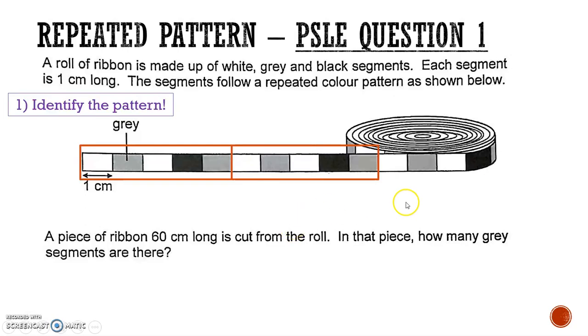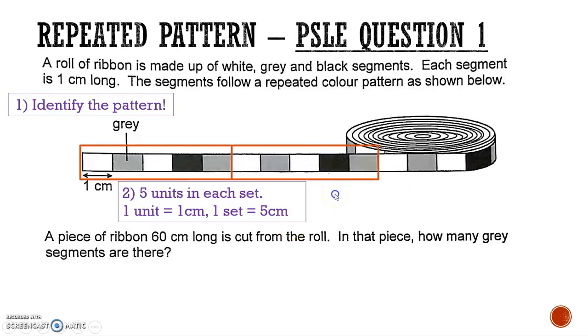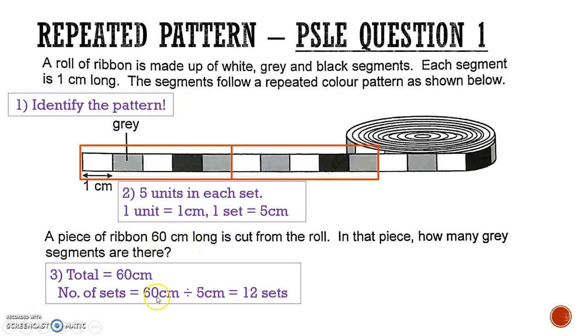Did you get the pattern correct? So in each set, there are 5 units. And since 1 unit is 1 centimeter, each set here is 5 centimeters. The ribbon is 60 centimeters long, so we do 60 centimeters divided by 5 centimeters to find out how many sets of 5 centimeters there are.